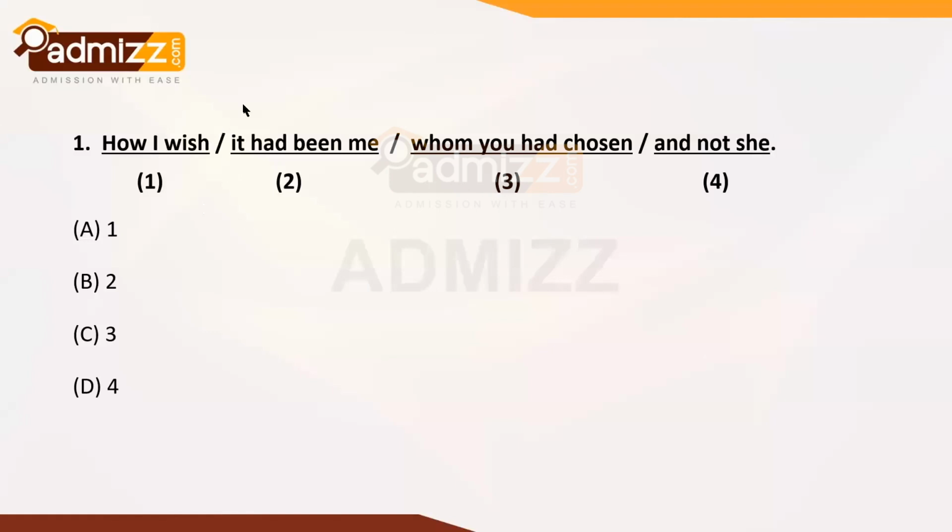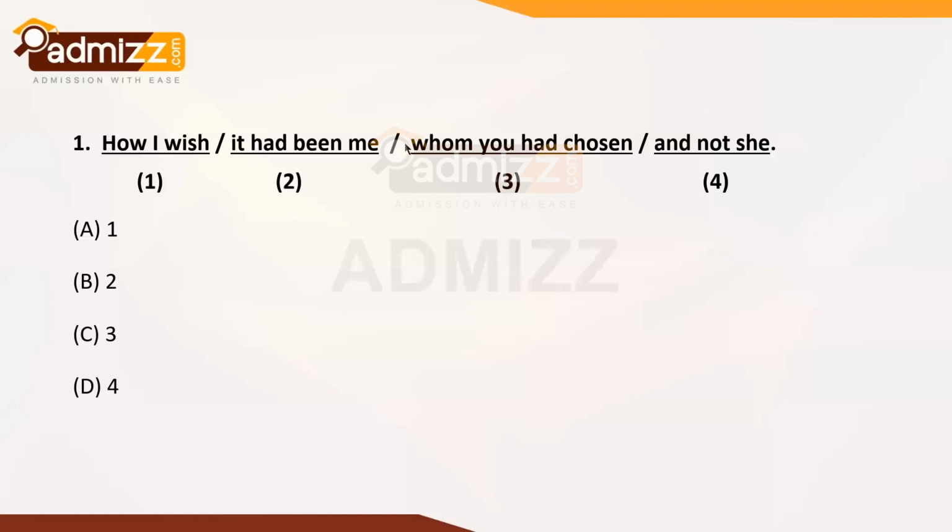Now, how I wish it had been me, right? So this is correct as well. It had been me. It's a proper sentence structure. The verb that we're using is the have verb, and the V3 of this particular verb is had been, right? Whom you had chosen and not she, right?